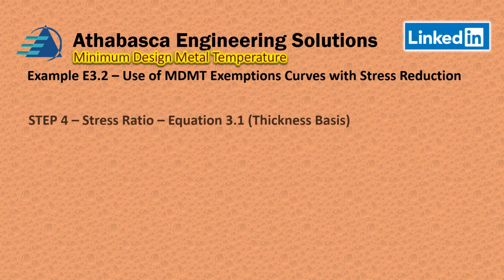So let's look at Step 4. The stress ratio, which is Equation 3.1, is based on the thickness basis. If you saw the earlier videos, we talked about the different kinds of stress ratios that you could use. But in this example, we're going to be using the thickness basis equations. That means we're going to have to calculate the actual stress in the membrane of the vessel that we're examining.